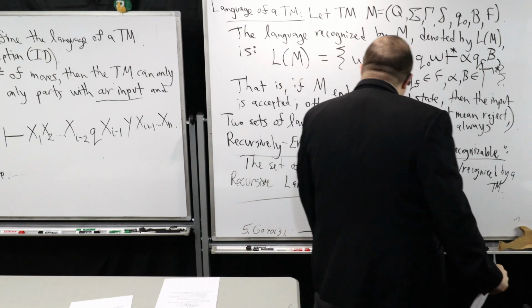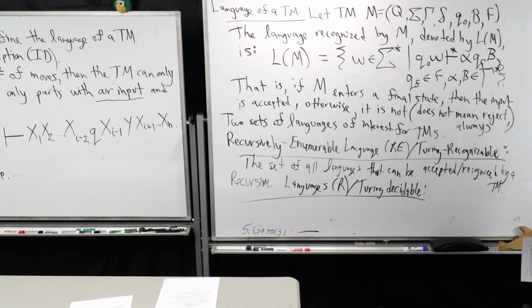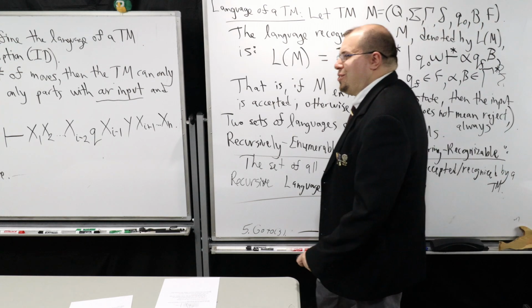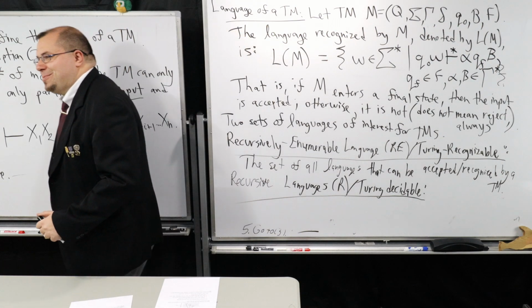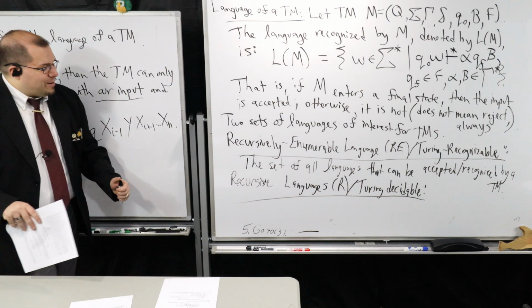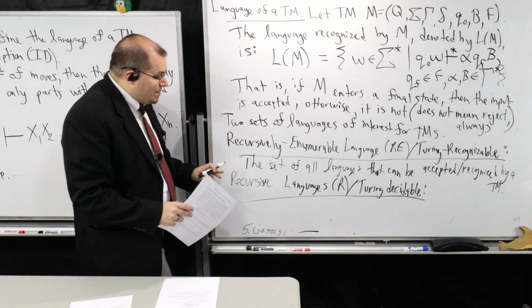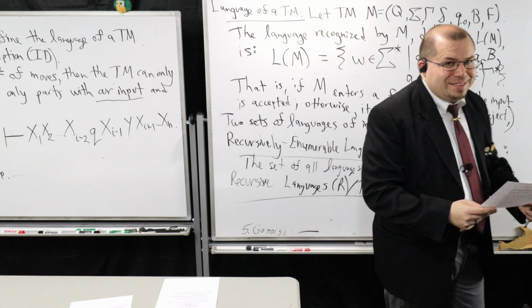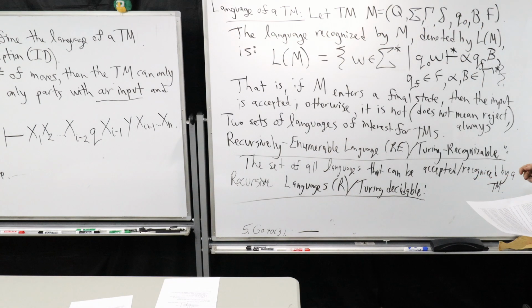Again, the name recursive is a historical aspect of computability theory. It doesn't have to do with computing the nth Fibonacci number. That's not really what it's about. It's another name for the possibilities of computing.